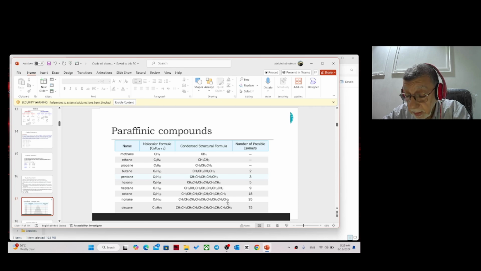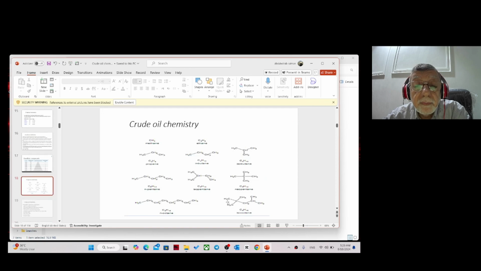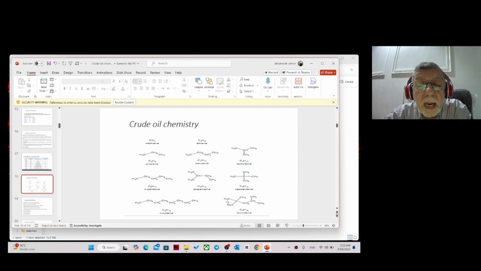So this is the properties of alkane. The structural formula of alkane: this is the first one, the simplest one, methane. This is ethane. And also the nomenclature: each one ends with the letters A-N-E.